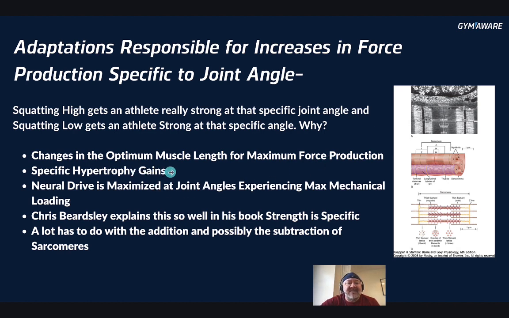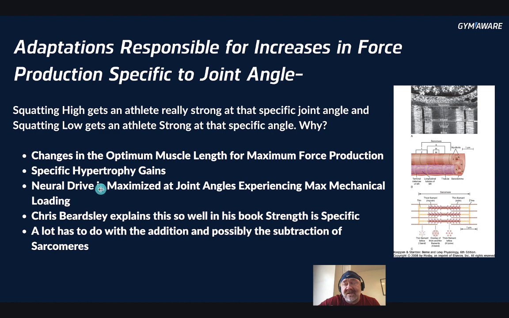You're also going to get specific hypertrophy gains. If you're doing partials, you're going to get regional hypertrophy specific to those partials. So it's not going to be the same type of hypertrophy you get when you do full range, and we're going to talk about what this looks like when you do a full range of motion squat.